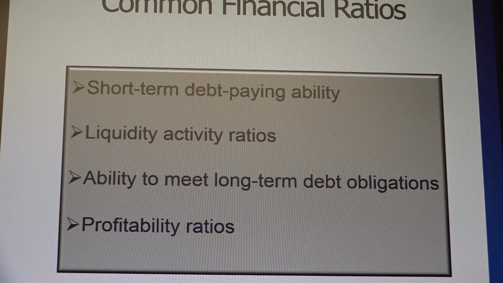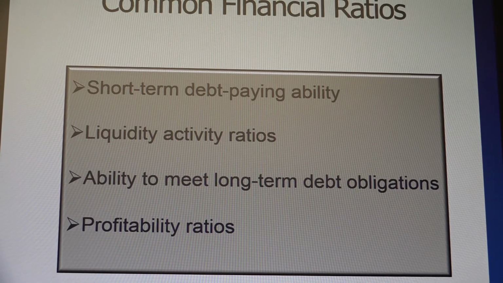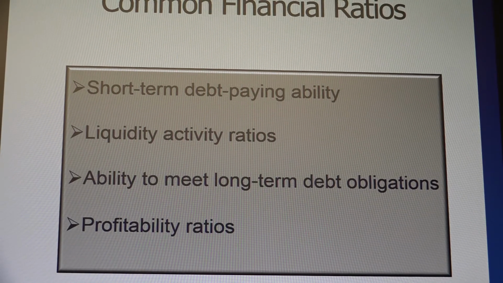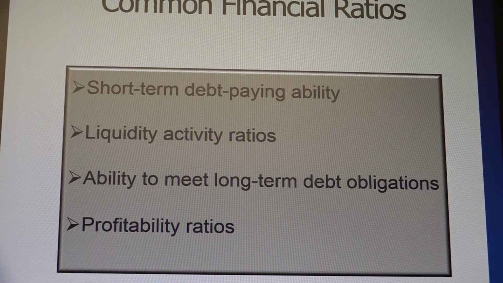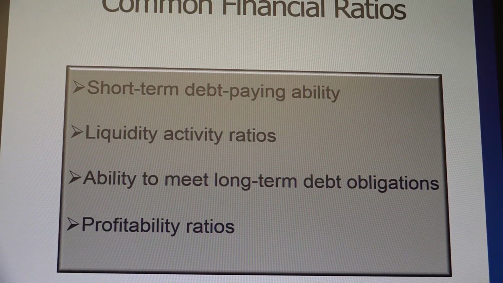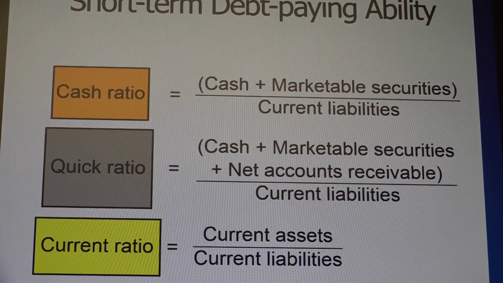The third category is how leveraged are you? And so here you're questioning the ability of the company to meet its long-term obligations. And then last but not least, profitability ratios.